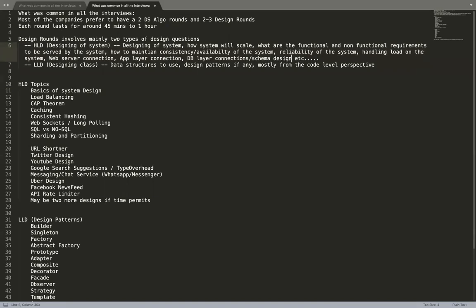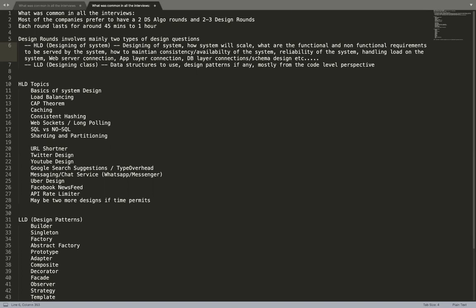So again, that can be a part of HLD as well as LLD. It depends on the requirement. In schema design, they won't ask you to actually put the indexes when you are designing, correct? But in case of LLD, they'll ask you how you will query this particular database.